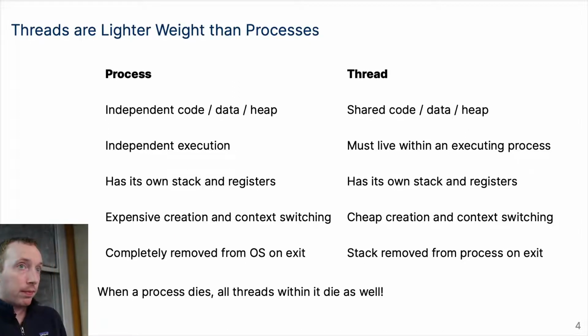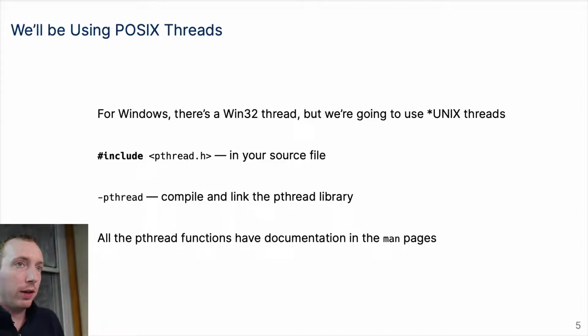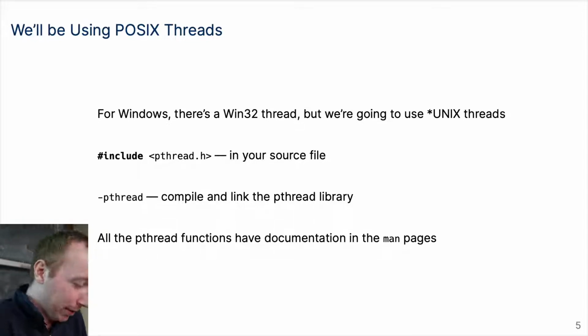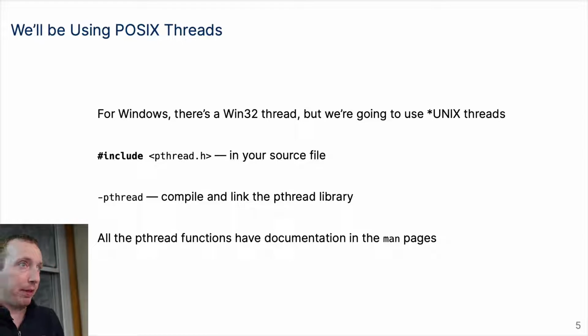Yep. Okay. Sweet. So at least every sane person, I guess except for you guys, because you'll be making your own threads, uses POSIX threads, right? It's just a threading library that's provided for you, and it's called pthreads if you shorten it. On Windows, there's Win32 threads, but that's a whole different thing.